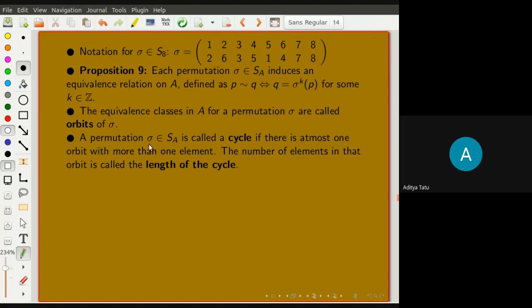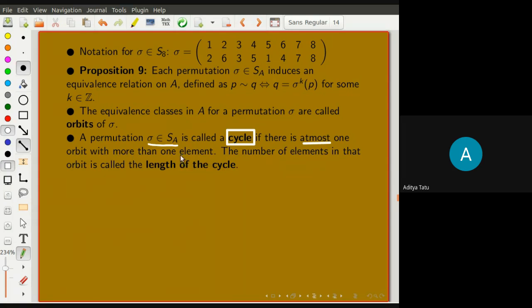So let's say I give you a permutation sigma on a set A. This permutation is going to be called a cycle if, please be careful here, there is at most one orbit with more than one element in it.